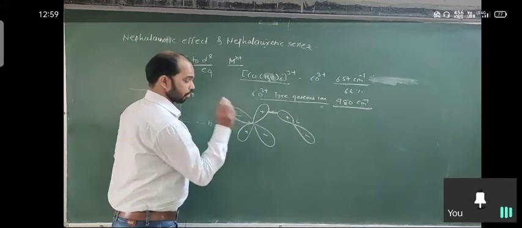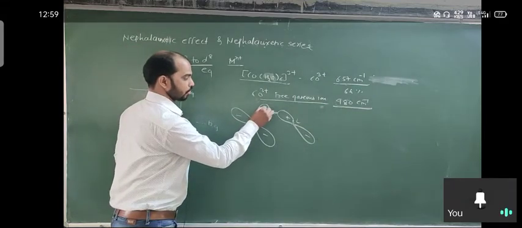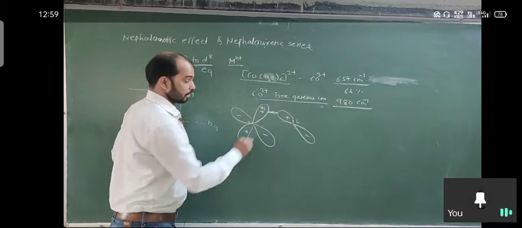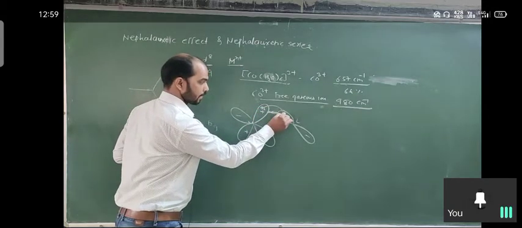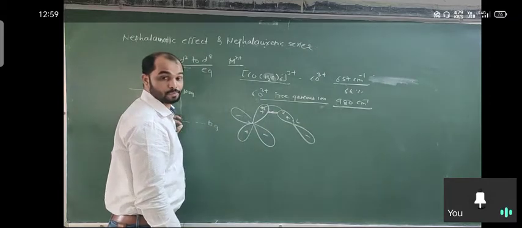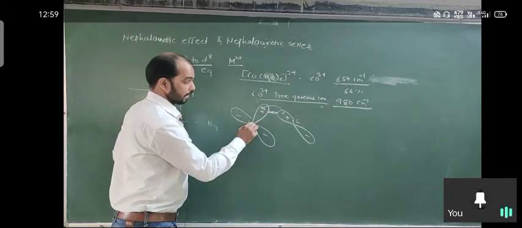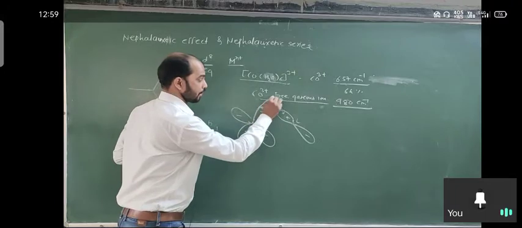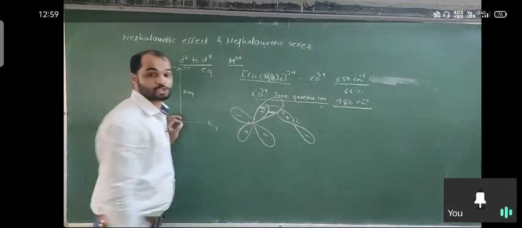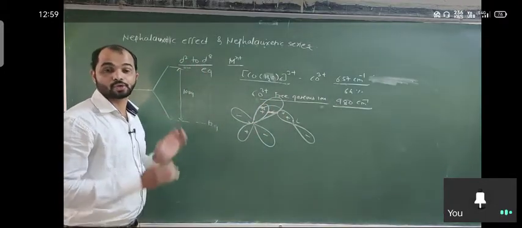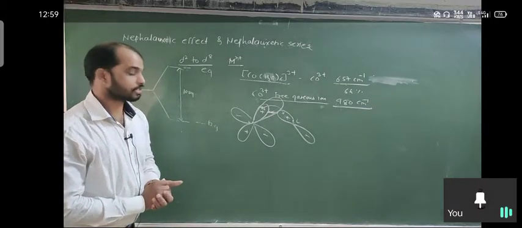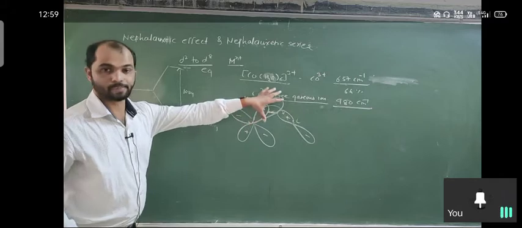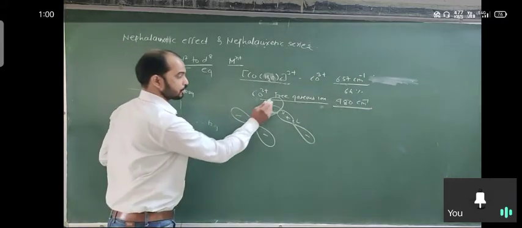In a complex, suppose here are the electrons, they are shifted in the orbitals of the metal. That time it is the expansion of the d orbital. We consider it as a cloud expansion, an expansion of the d orbital.